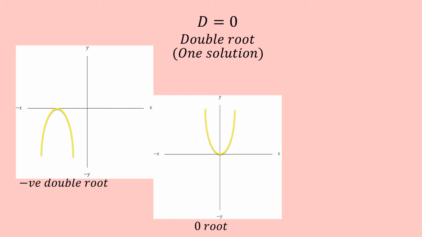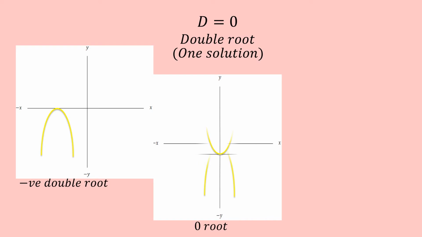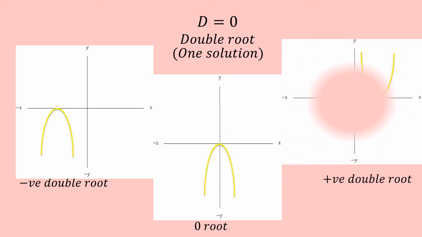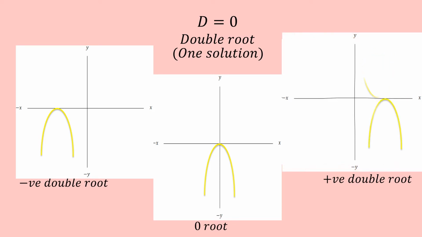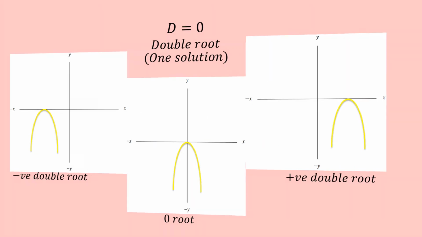In this diagram, we see that our graph is touching exactly the 0 of the x axis. It can bend inward or outward. And the last part is the positive double root. In the graph, we see that it only touches the positive x. It can bend inward or outward.